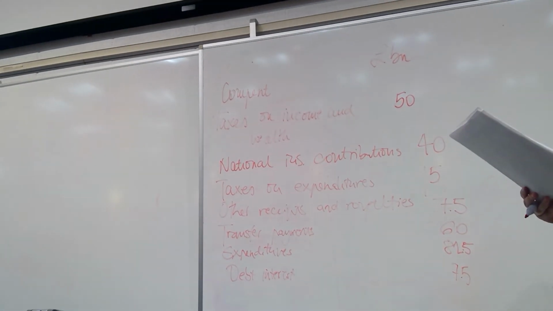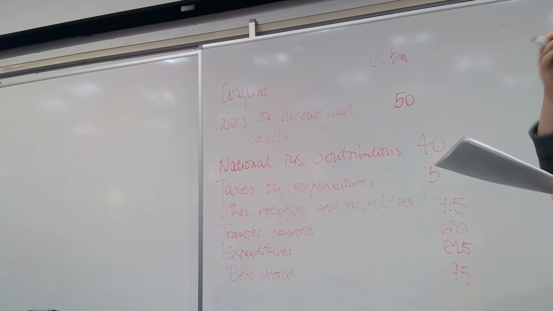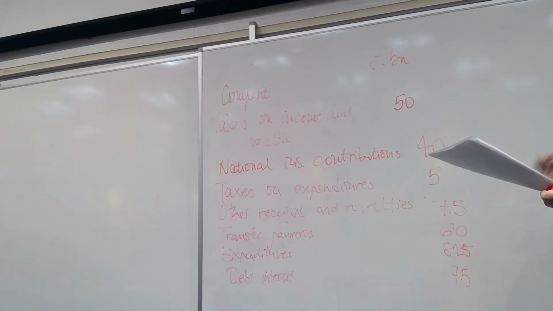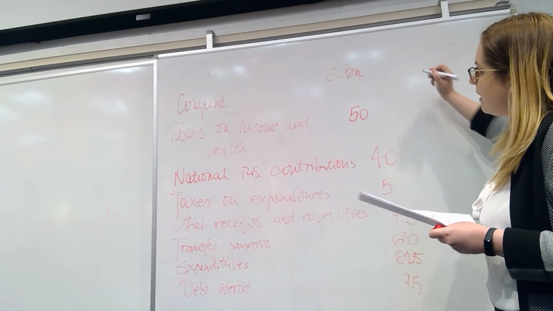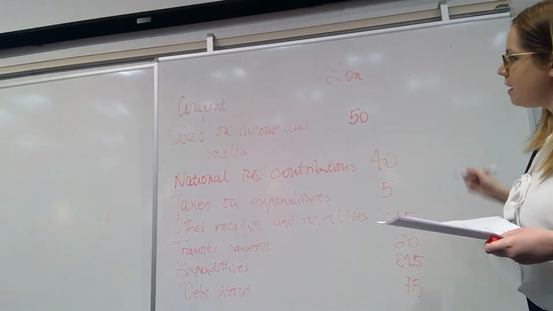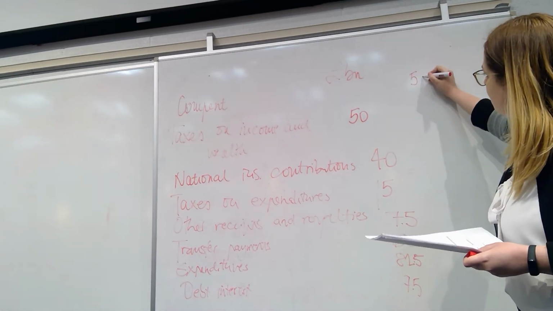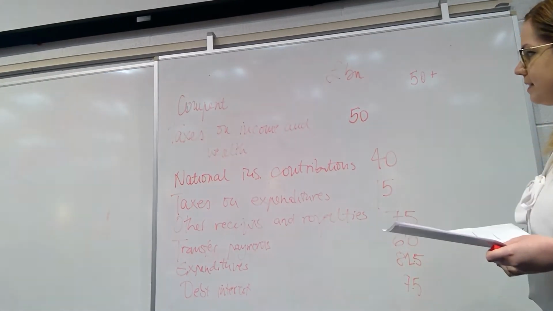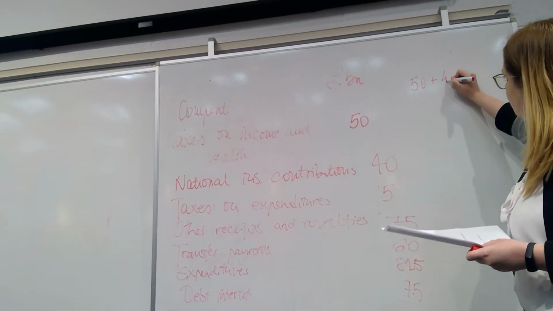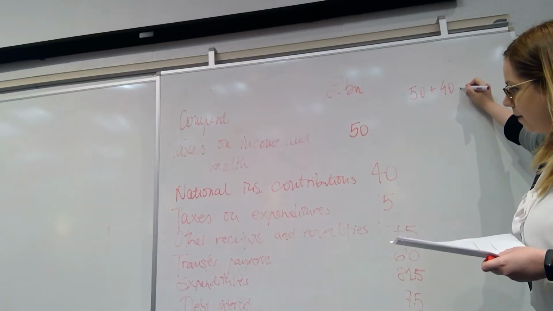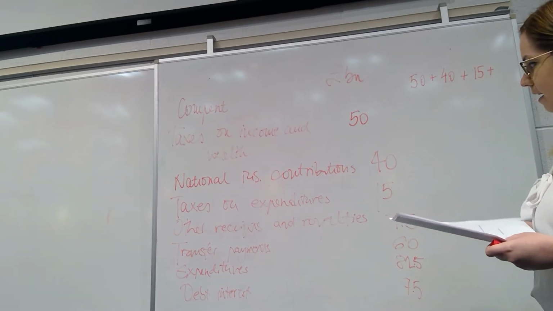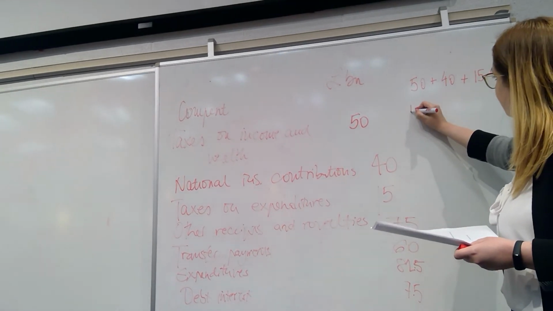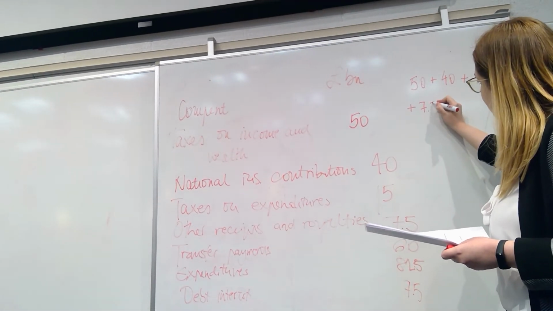So we are asked to determine whether the government is running a surplus or deficit, and by how much. So we are looking at government income, which are taxes, so we have 50 plus national insurance contributions, which are 40, plus taxes on expenditures, which are 15, plus other receipts and royalties, which is 7.5 billions.